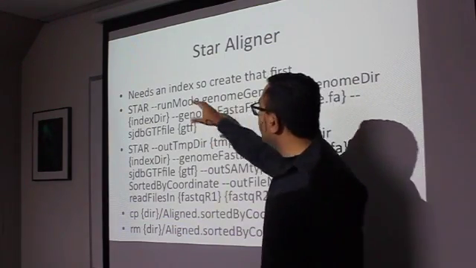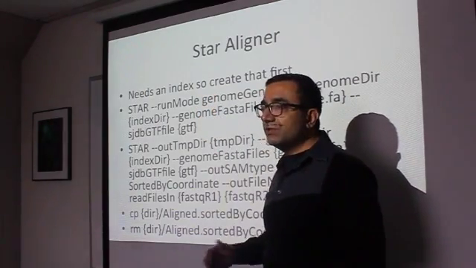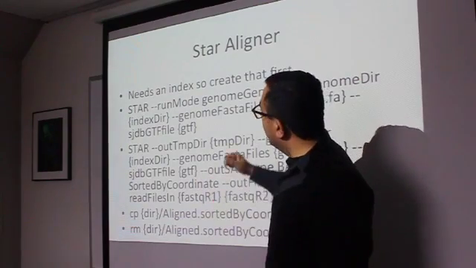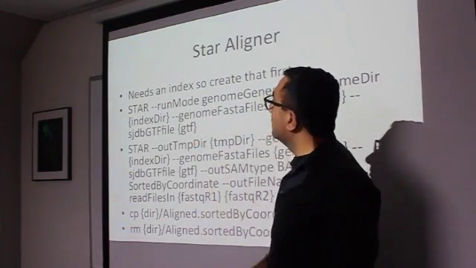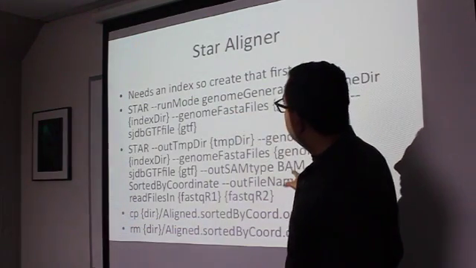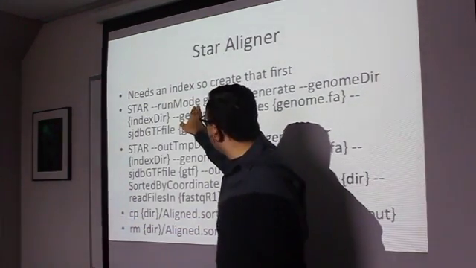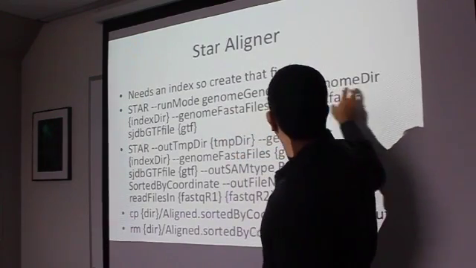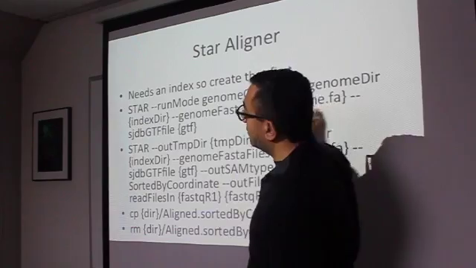The first line, which is omitted here, is module load star aligner, or module load Tophat, and then you follow this command, which is exactly like this: STAR --runMode genomeGenerate. So runMode, space, genomeGenerate, one word, space, --genomeDir. This is where you want to store your index.